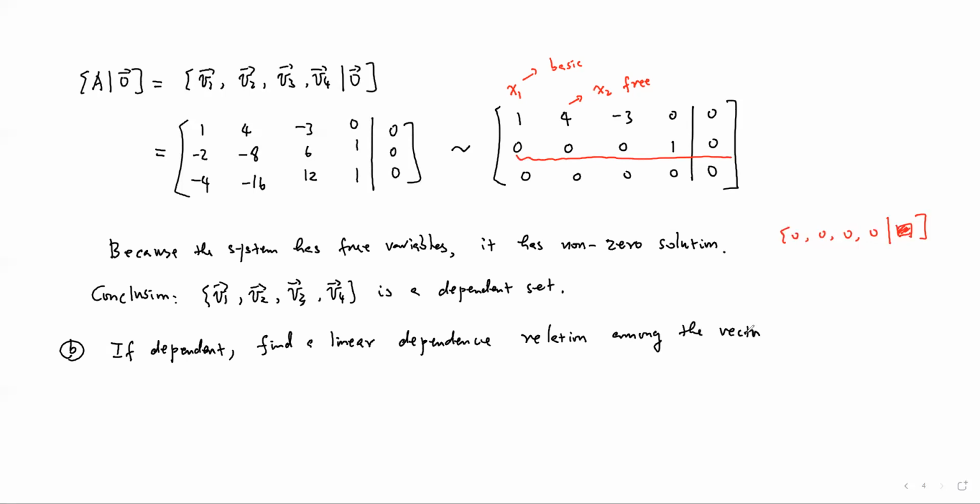Now this time, to answer B, you need to solve the linear system for one non-zero solution.